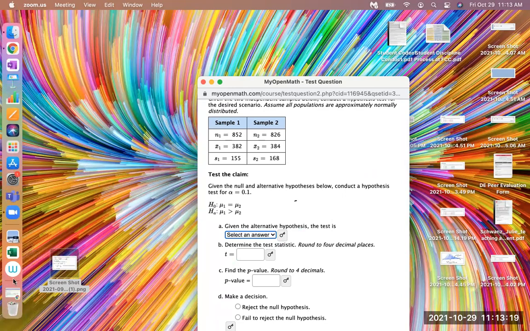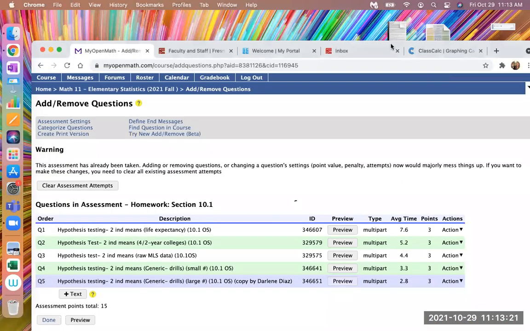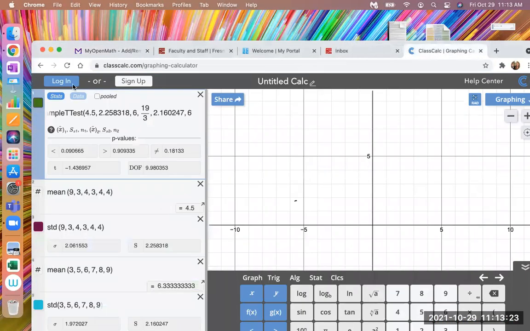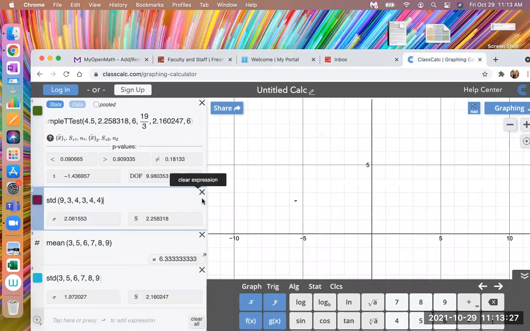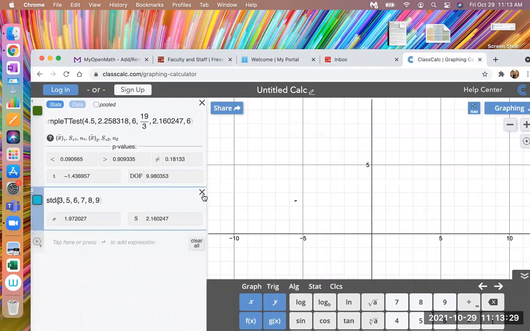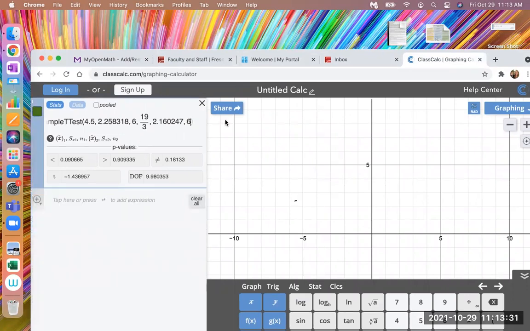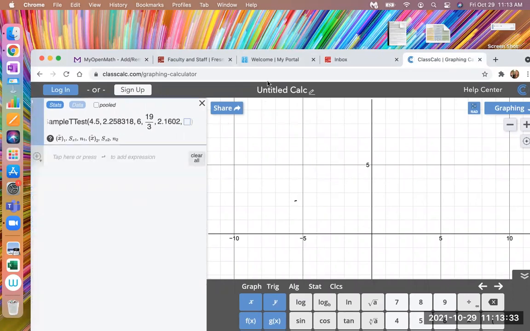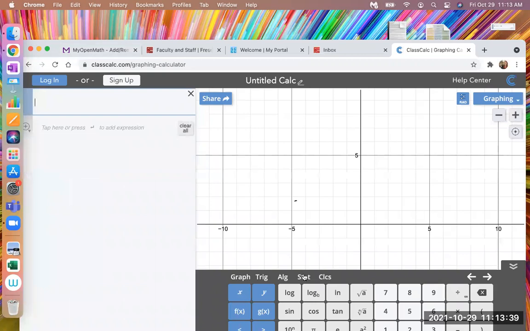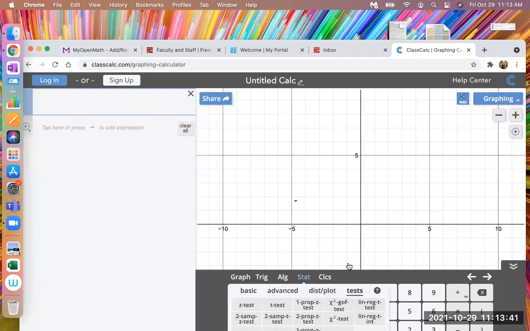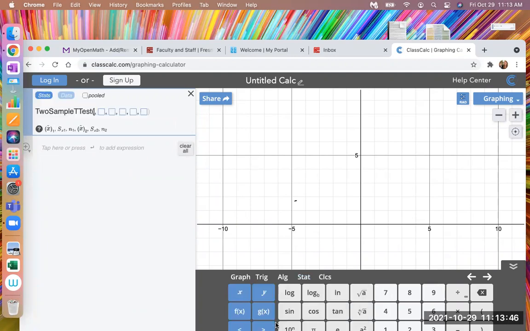I'm going to erase all these other things that I have in here, and we'll restart this. To do this, I go to stats, then tests, and pick the 2 sample t-test.